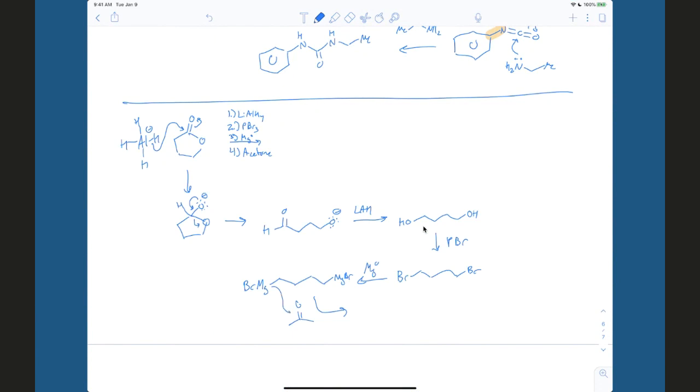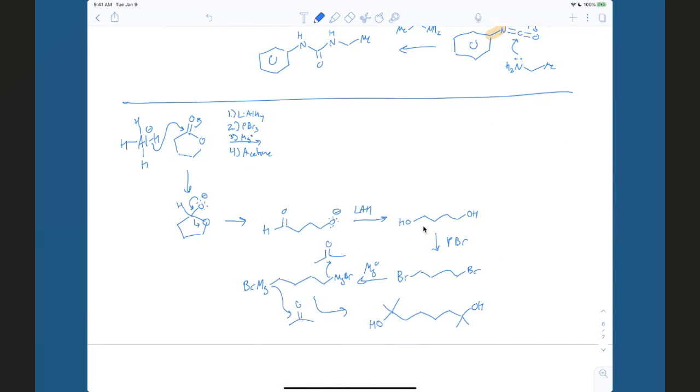And each of these will be able to attack their own molecules of acetone. We have our 4 initial carbons. We're going to add on an acetone to each side. They make tertiary alcohols afterwards. 1, 2, 3, 4. So now this is this one.